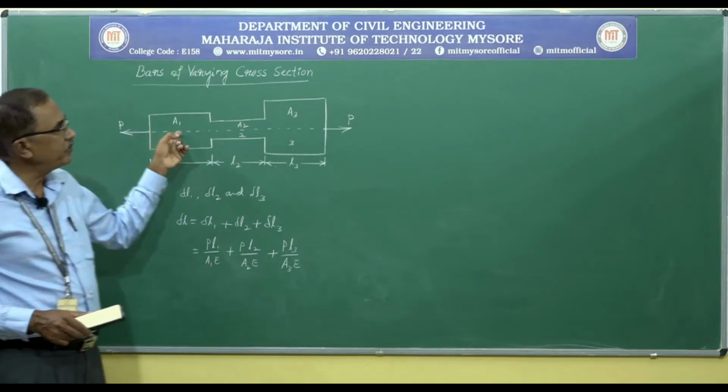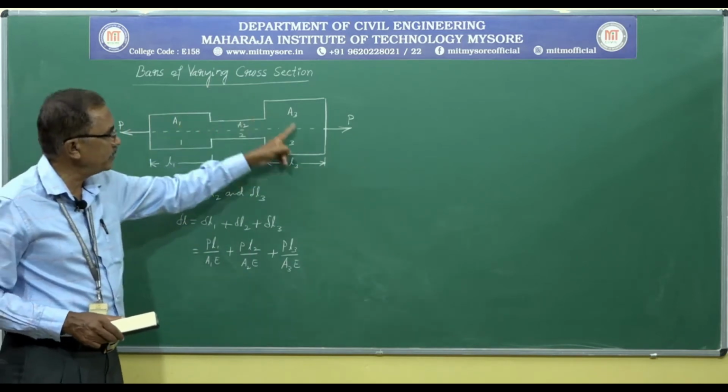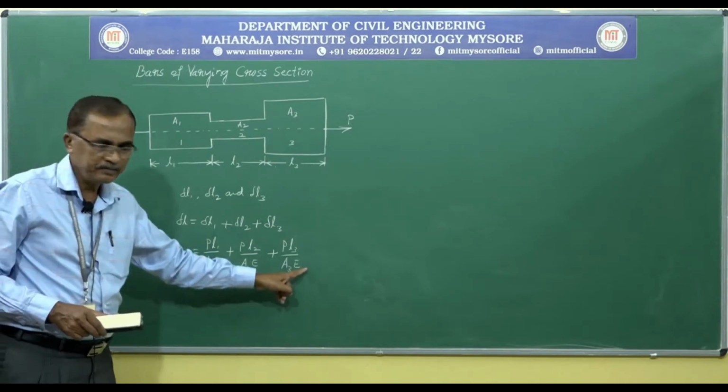If the bar is made up of different materials, meaning the different cross sectional areas are of different materials, then in this expression we can write E1, E2, E3.